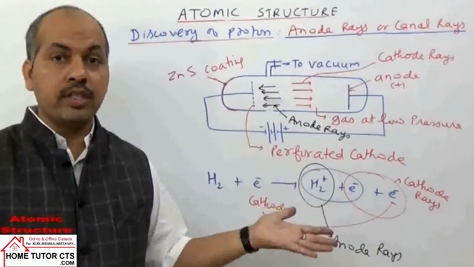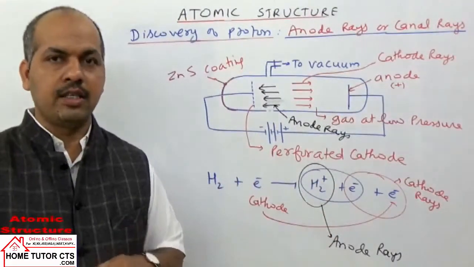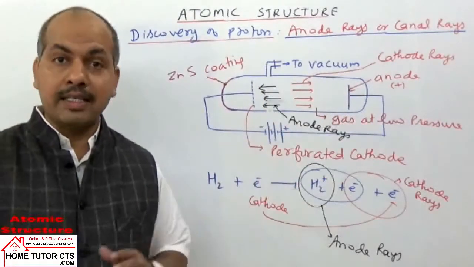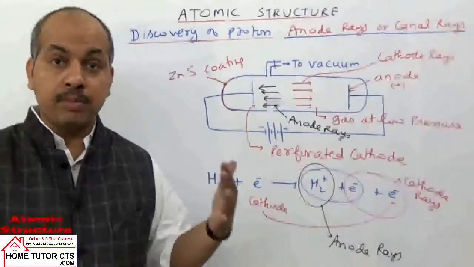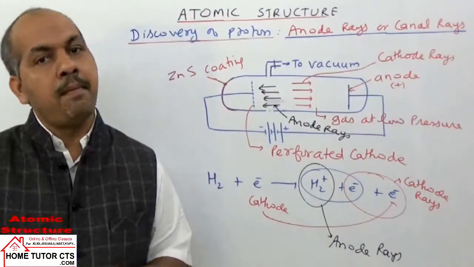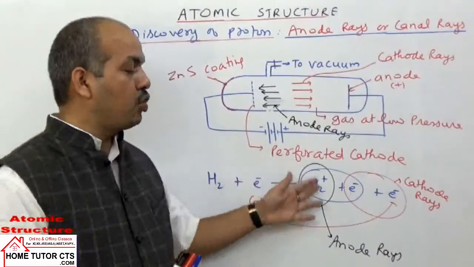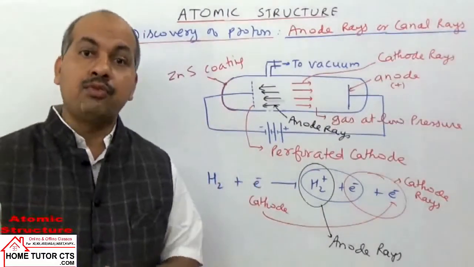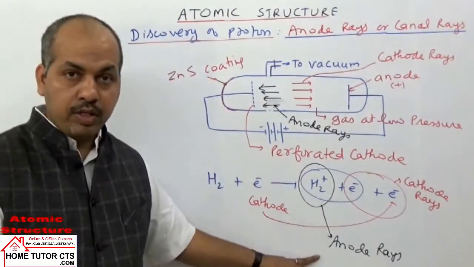If I take nitrogen gas, O2 gas or other gases, they have different masses, and for different masses they have different charge to mass ratios. So the charge to mass ratio was not the same for all gases, but different for different gases. I hope you get this point.